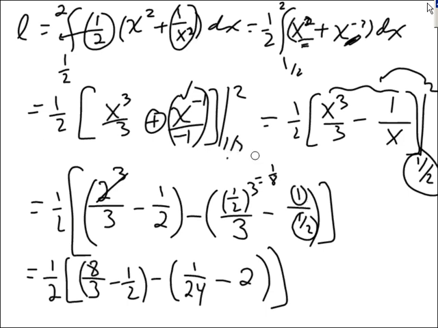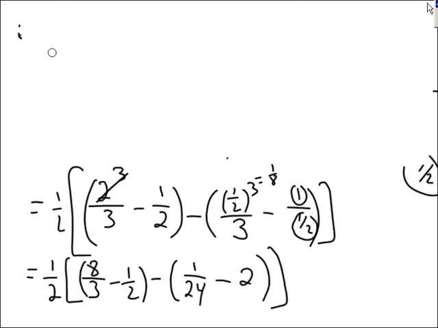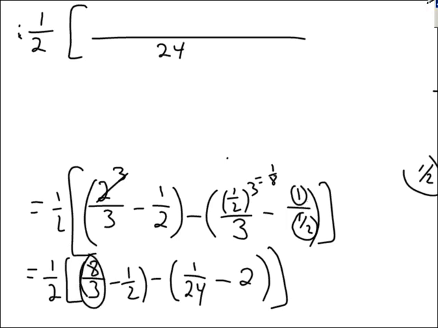Let's go to the top, finish this up. The half stays out in front. Now, I want to write everything with 24 on the bottom. 8 over 3, I multiply the top and bottom by 8, I get 64 over 24.